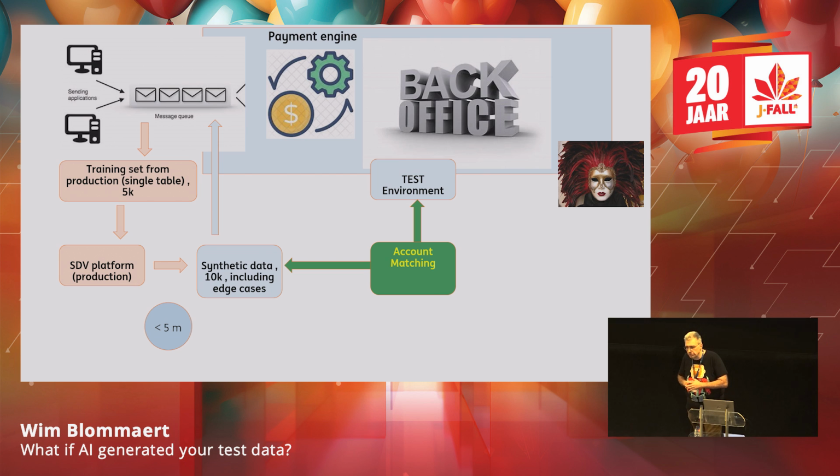They are big systems, so we looked at it briefly and decided that was probably not something we wanted to try. Eventually we took real accounts in that test environment. They're actually not real, they're probably from masking. And in the synthetic payments, we put those accounts. That was the only matching we needed, because the whole back office matches everything based on the account. So you get payments with a real account number, well, real, it comes from a test environment, and all the rest is synthetic.